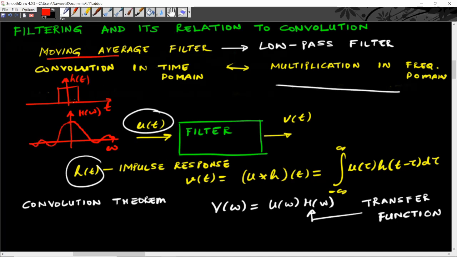So convolution of a signal with a rectangular pulse in time domain is equivalent to the product of the Fourier transform of the input signal with this sinc function, and that is for the moving average filter.